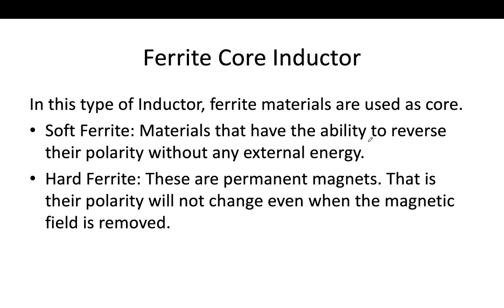And hard ferrites are permanent magnets, that is, their polarity will not change even when the magnetic field is removed. So some are used without external energy, and some are already permanent magnets.